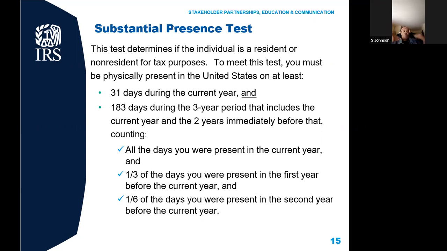The way you get a refund is that the amount of credits that you have available, that you're eligible for, is greater than the amount of tax you owe. That gives you a refund. But unfortunately, when it comes to parties who have an ITIN, unless they paid into the United States government from federal income tax withheld, they will not get a refund. We can reduce their tax liability.